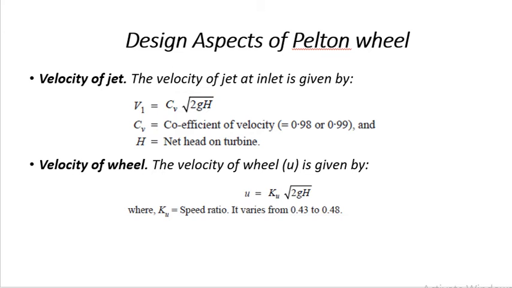Capital H is the net head of the turbine. Second, the velocity of the wheel. Velocity of the wheel is the tangential velocity, that you can take as Ku under root 2gH. This H is the net head for the turbine, and Ku is the speed ratio that varies from 0.43 to 0.48.